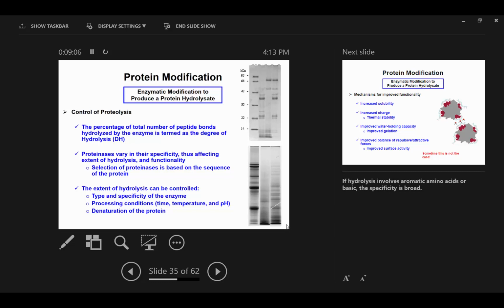So you have different components within that protein isolate. And the second one from the right has been hydrolyzed with pepsin enzyme. The third one from the right has been hydrolyzed with, I believe, either papain or alcalase. Let's go with papain.